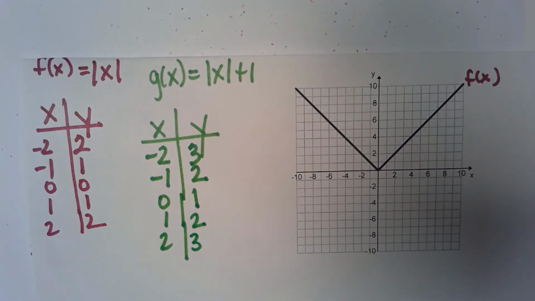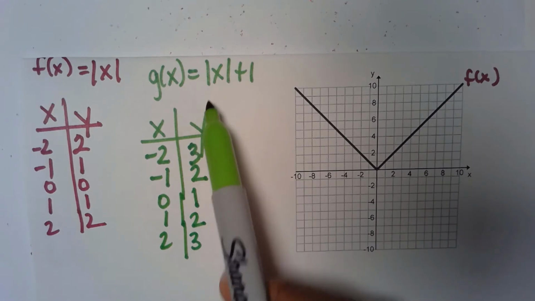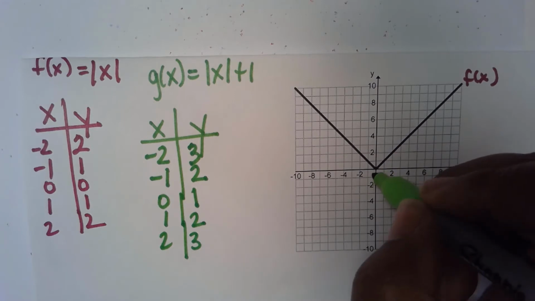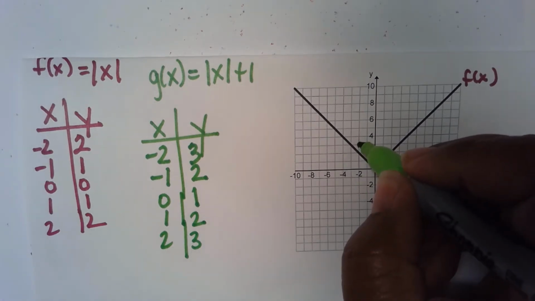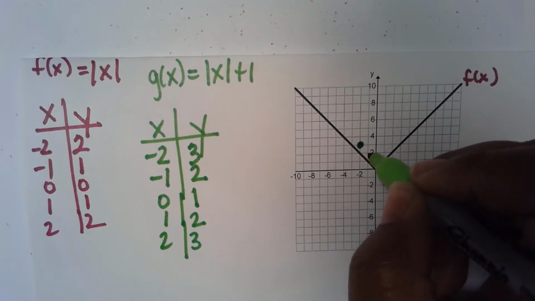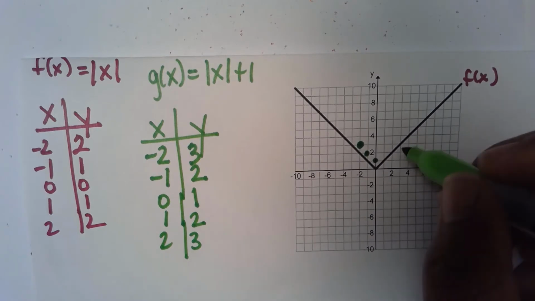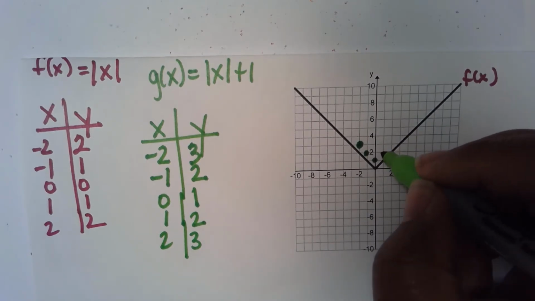So describe the graphs. What do you notice change? What changed when we added the 1 to this absolute value of x? So let's plot it so that you can see it. We have negative 2, 3. We have negative 1, 2, 0, 1. We have 1, 2.